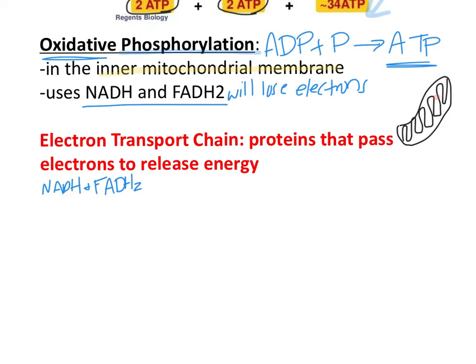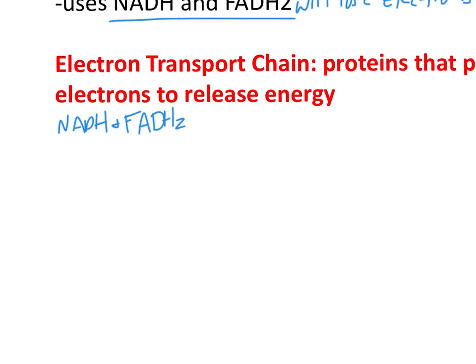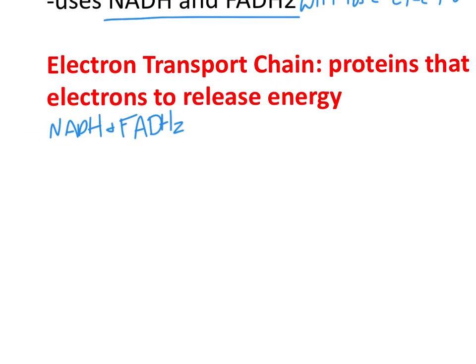These electron carriers, NADH and FADH2, arrive at the inner mitochondrial membrane. When they are there, they are going to deposit an electron to something called the electron transport chain.